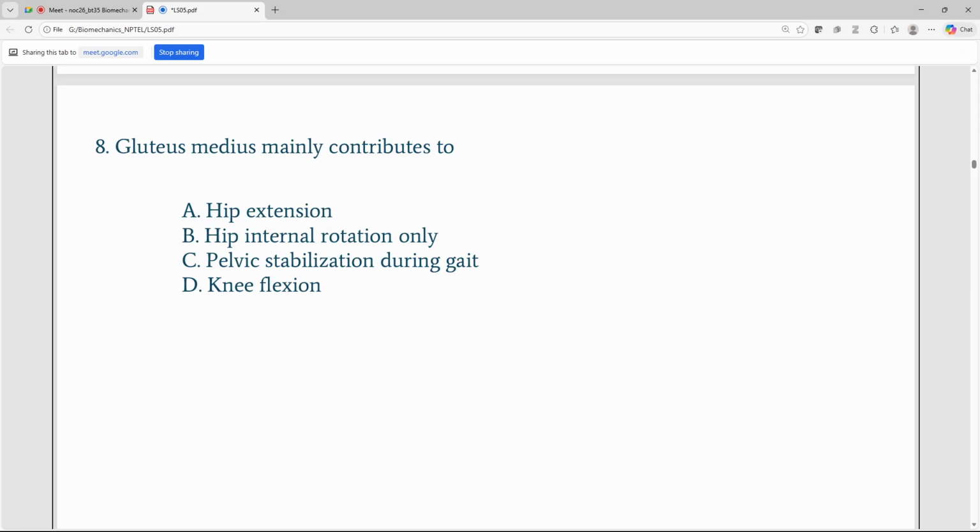Answer is option C, that is pelvic stabilization during gait.